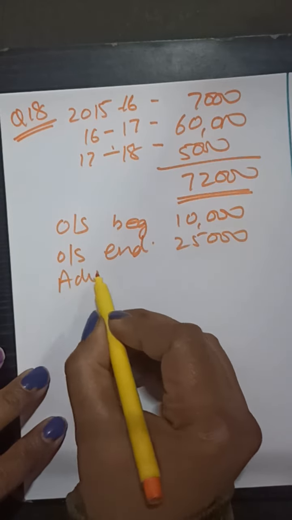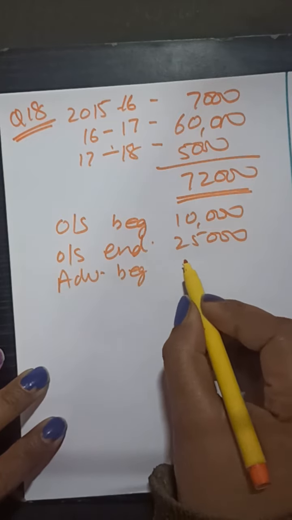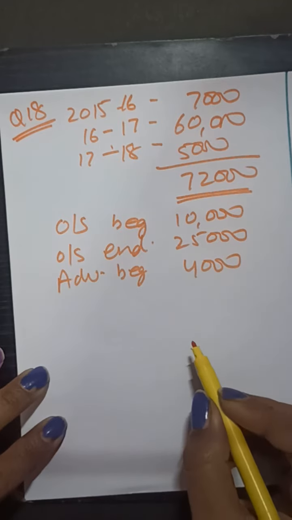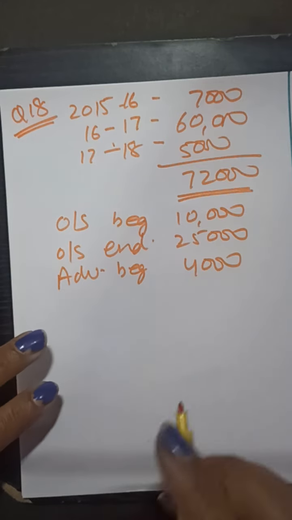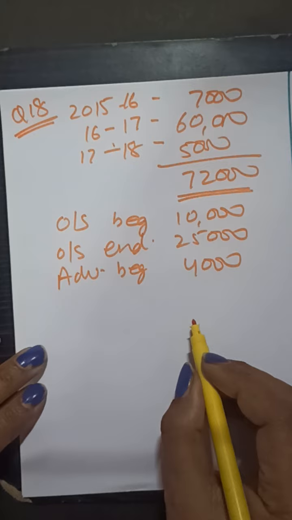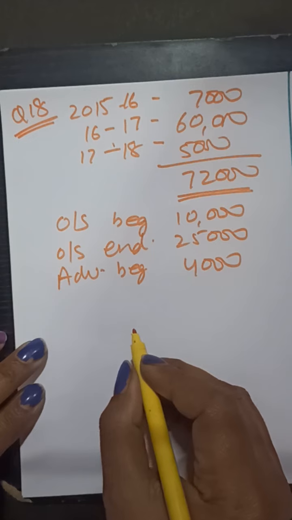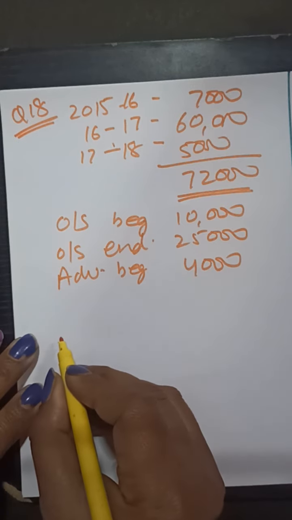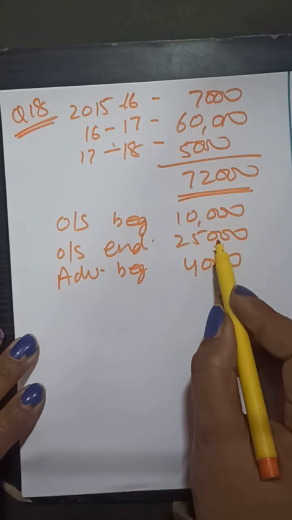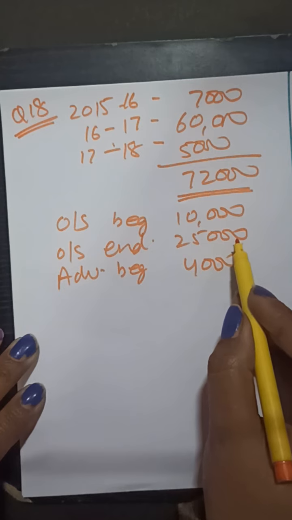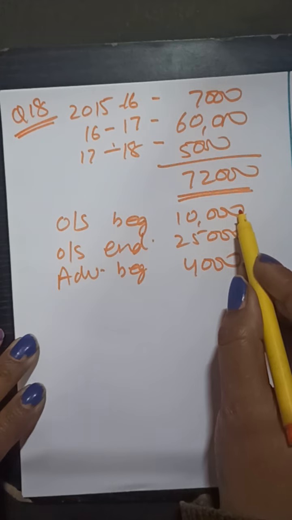And advance at the beginning is rupees 4,000. Now what is missing is that this 10,000 includes that amount. So see children, the total amount of subscription outstanding at the end is rupees 25,000. This total of 25,000 includes the 10,000 minus that amount of 7,000.